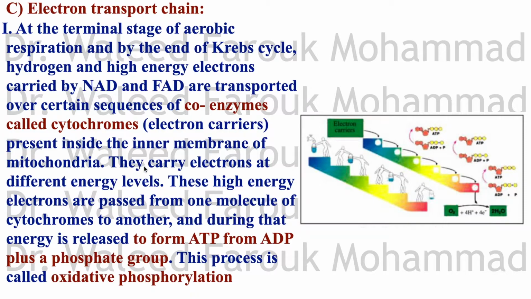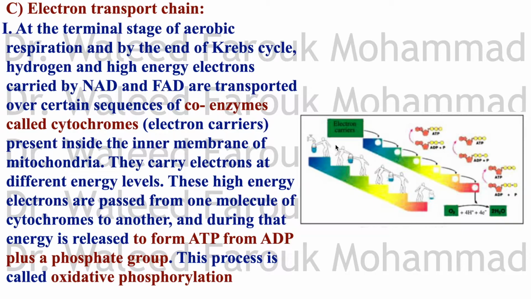These continue handing over the NADH and the high energy electrons are passed from one molecule to another, from one cytochrome to another. Then it's released to form ATP from ADP plus phosphate group, as you can see here. As it's transferred, ATP is formed. This process is called oxidative phosphorylation.